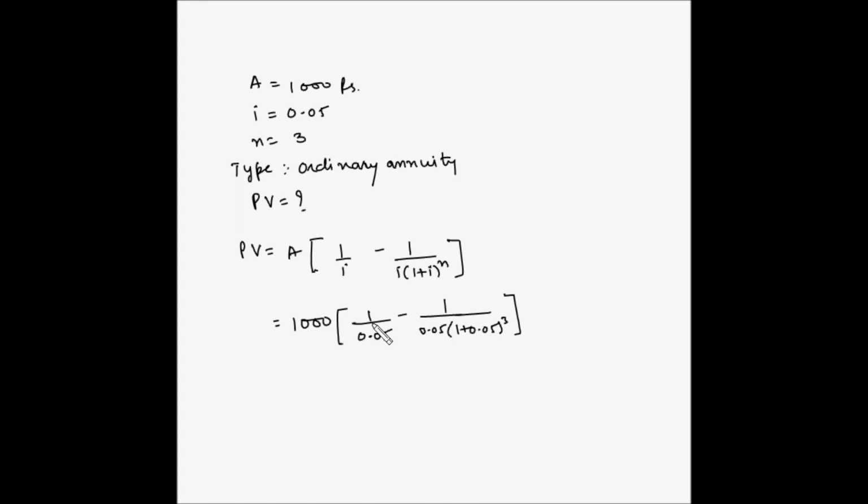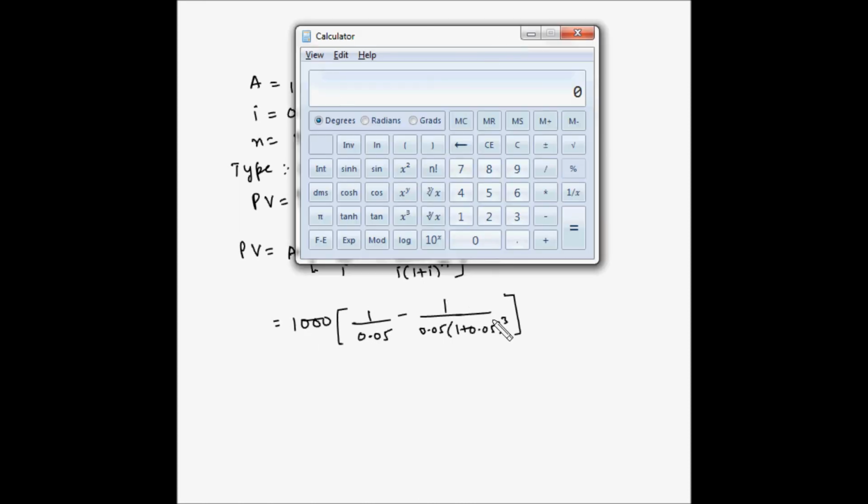So let me pull my calculator here. Now let's first calculate this part, and specifically this part. So 1 plus 0.05 becomes 1.05.